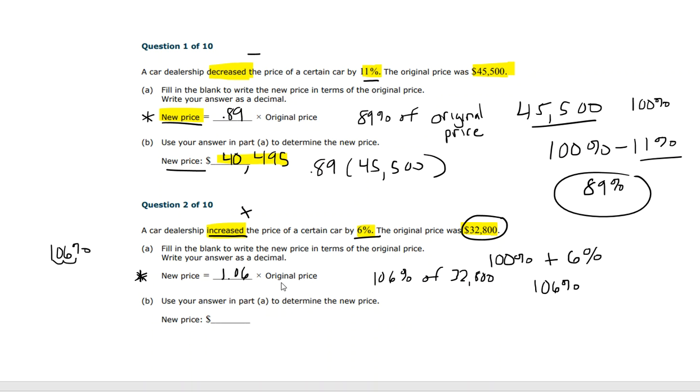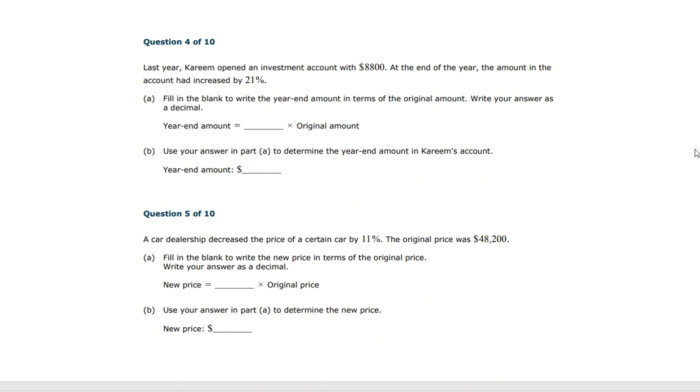And when you multiply 1.06 by 32,800 in your calculator, you would get $34,768. Okay, let's look at 2 more examples, and then I think you guys will be ready to do some of these on your own.